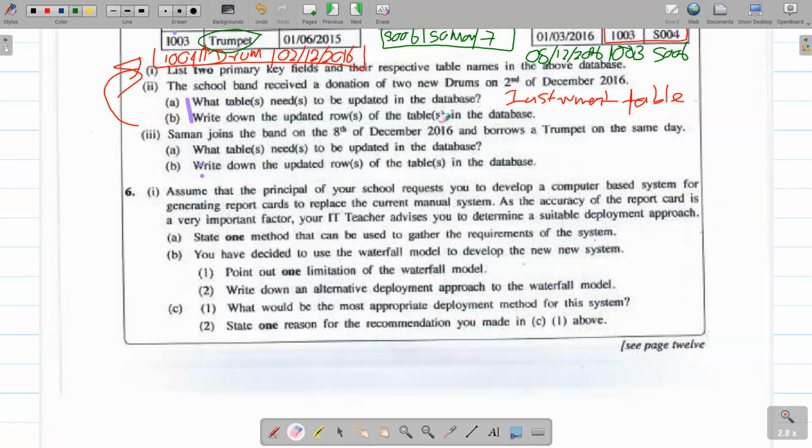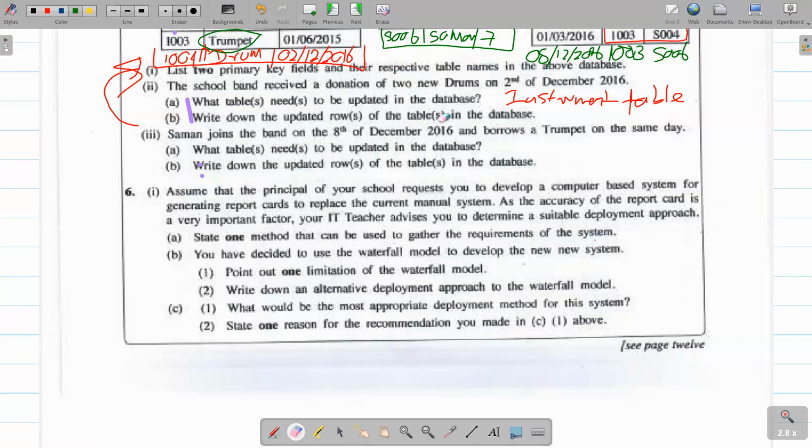Part C, what would be the most appropriate deployment method for this system now? They are making this to provide, let's say, have they said specifically? Yeah, so it's general.